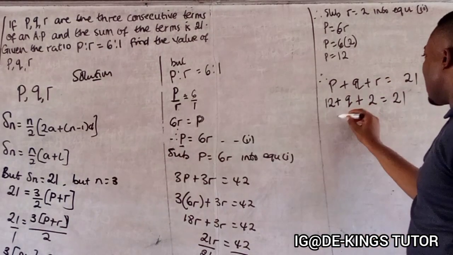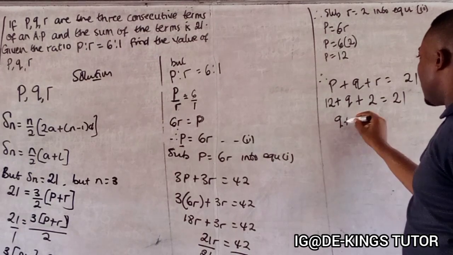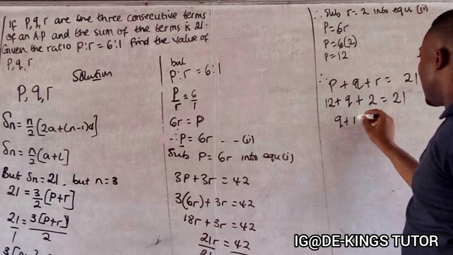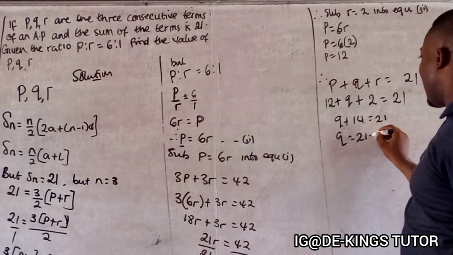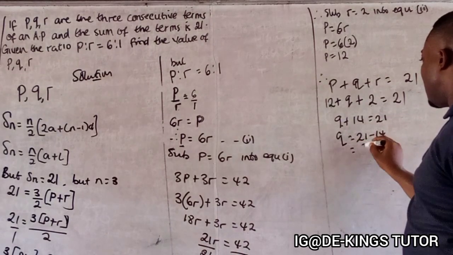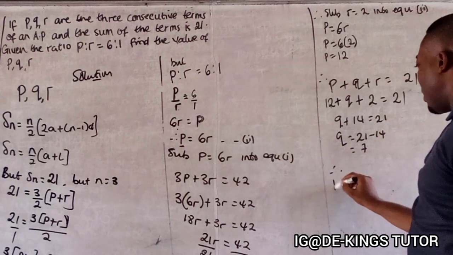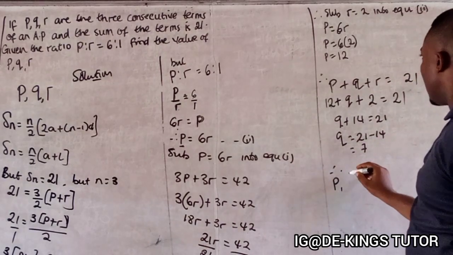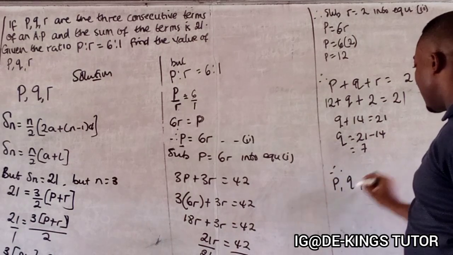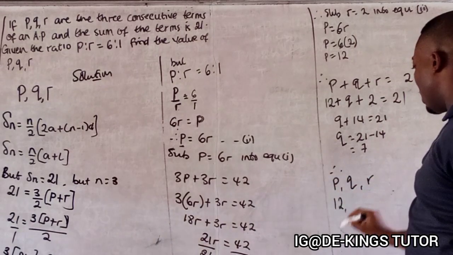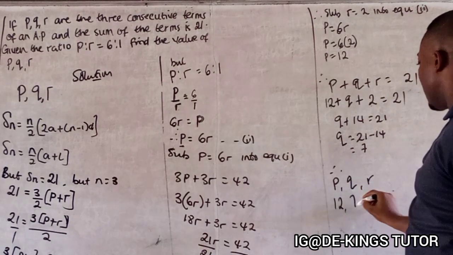So this gives us Q plus 12 plus 2, which is 14, equals 21. And Q equals 21 minus 14, which is 7. And therefore, my P, Q, R is 12, 7, 2.